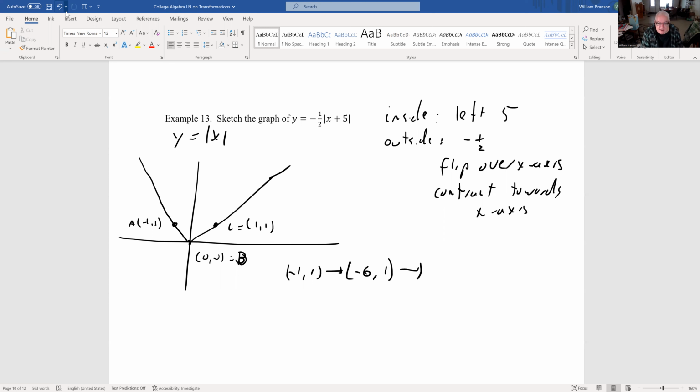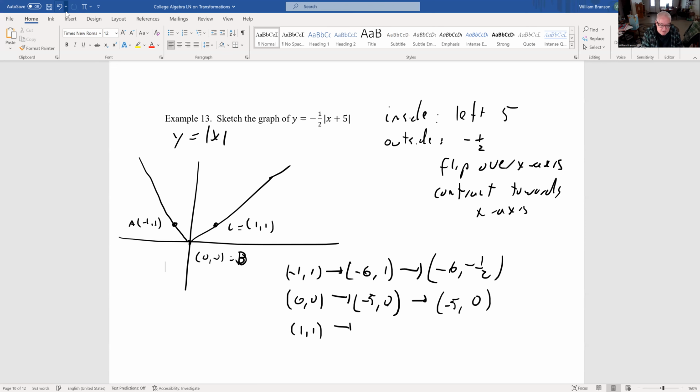And then you multiply the y value by -1/2, so that gives you -6, -1/2. 0, 0, left 5 units gives you -5, and that changes the x but not the y. And then you multiply the y value by -1/2 because that's outside, so that gives you -5, 0. And then where does 1, 1 go? Left 5 units will take you to -4, 1, and then you multiply your y value by -1/2. That gives you -4, -1/2.